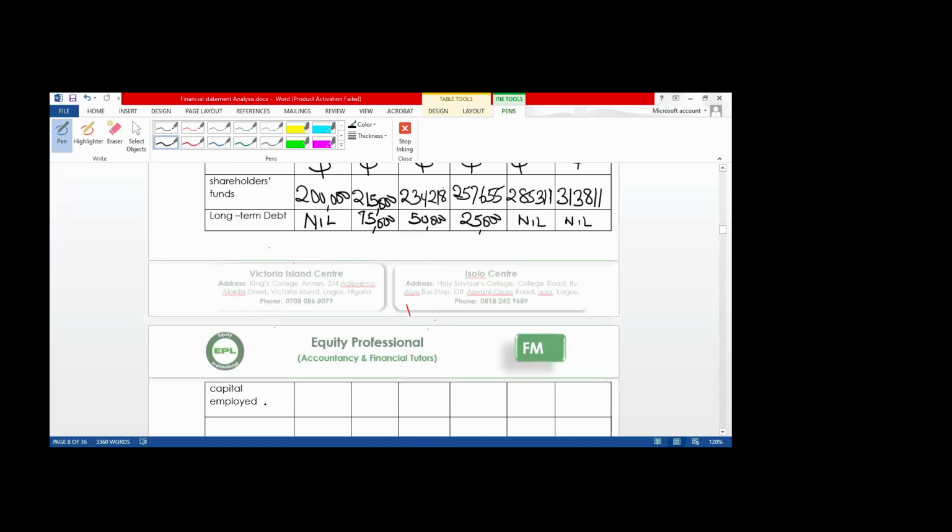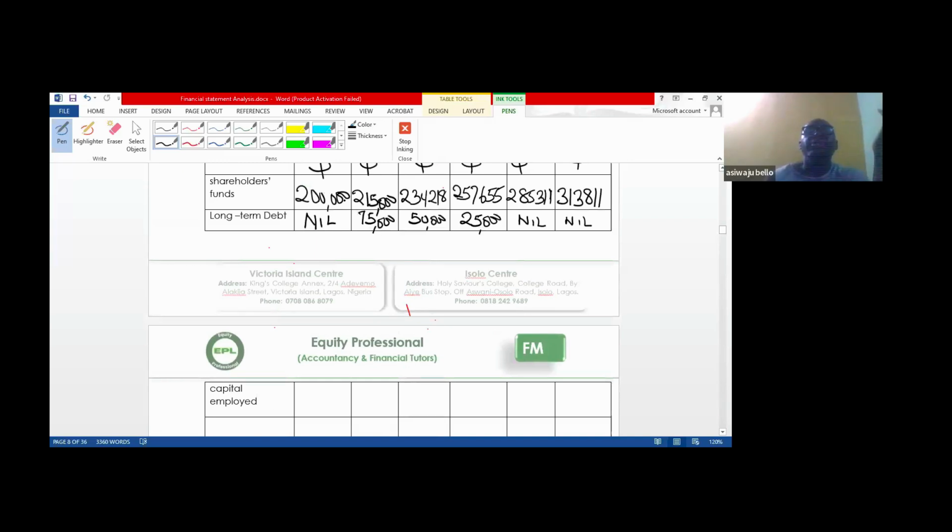So your capital employed is shareholders' funds plus long-term debt. That is capital employed.